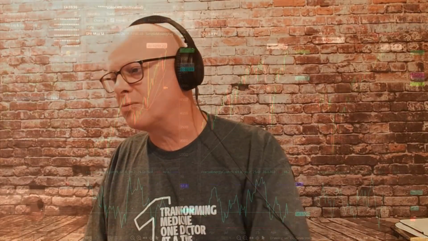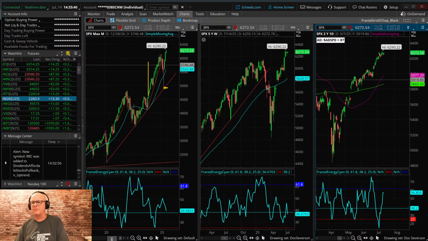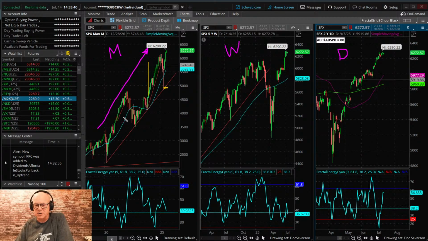I am going to run over here to the S&P 500 charts, and what we have here is the fractal array, where we have the monthly, weekly, and the daily chart. And this is pretty much going along with what we've been talking about the last few weeks. We have a really strong monthly uptrend, which has been in play.